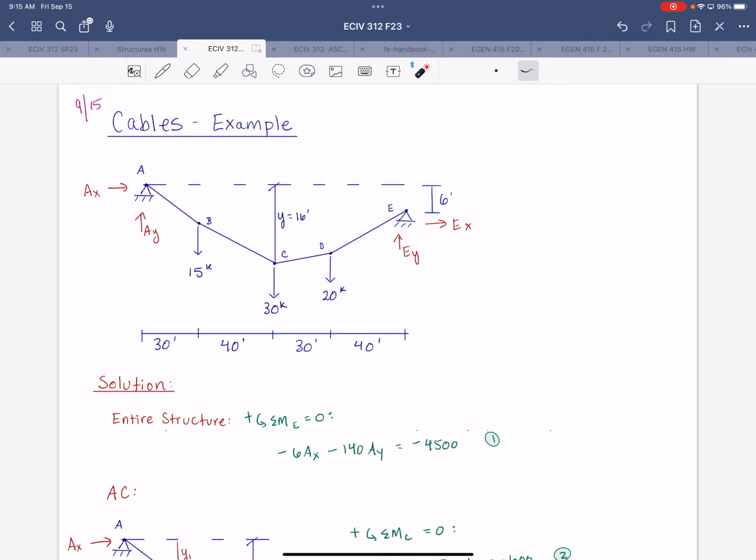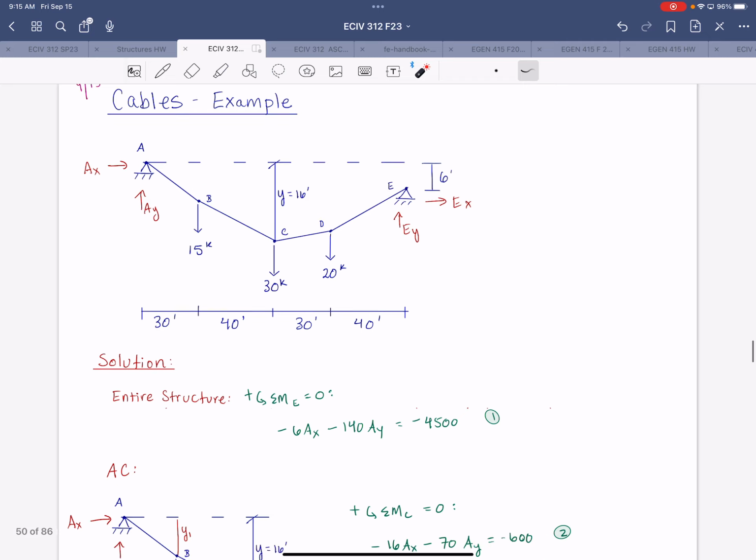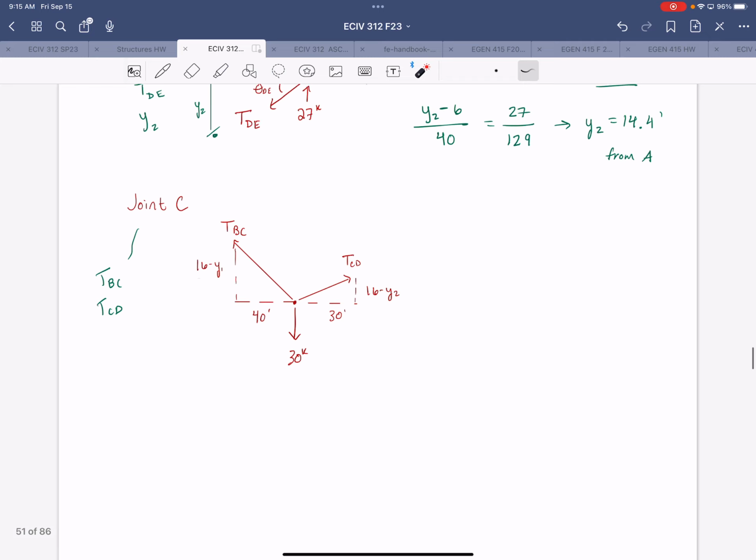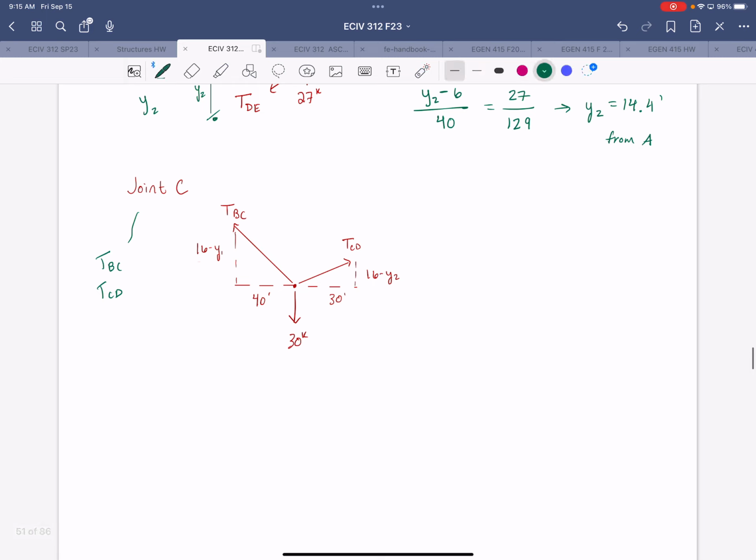And then on the other side, we'll measure 16 minus y2 to get that vertical distance from C and D, so we'll be looking at this triangle on the other side. So 16 minus y1 will give us 7.16 feet, and 16 minus y2 will give us 1.63 feet.